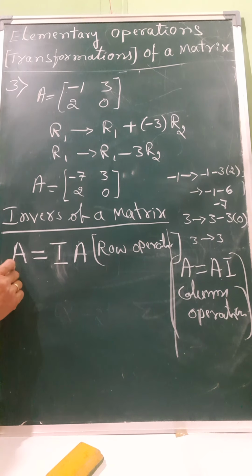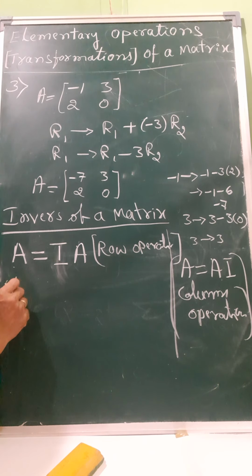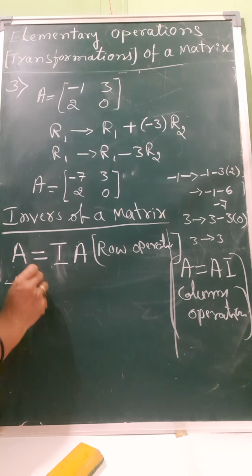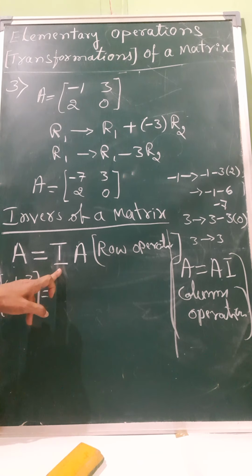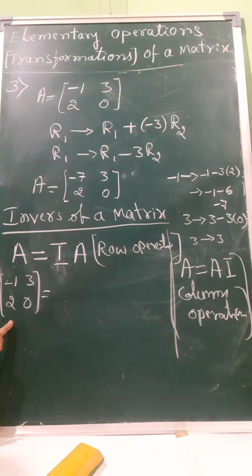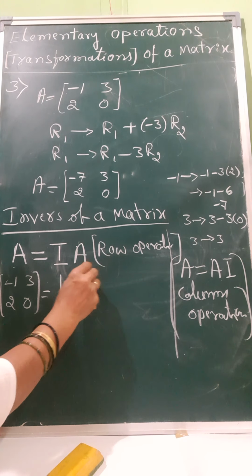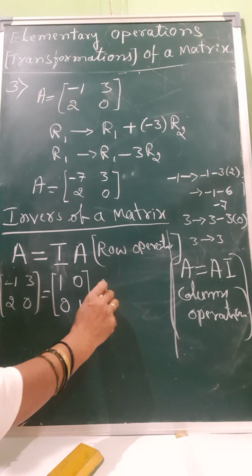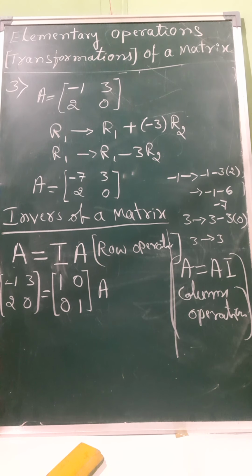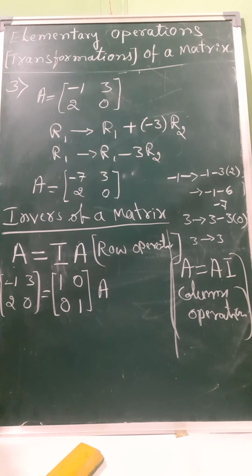So substitute the value of A. I will take this matrix minus 1, 3, 2, 0. I is the identity matrix of the same order as A. So 1, 0, 0, 1 is the identity matrix into A. This is the second step. The next steps are taking these three elementary operations to find the inverse of the matrix.